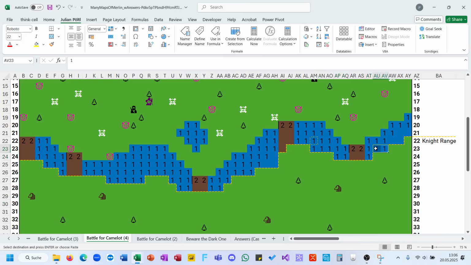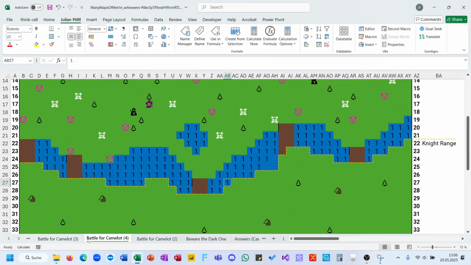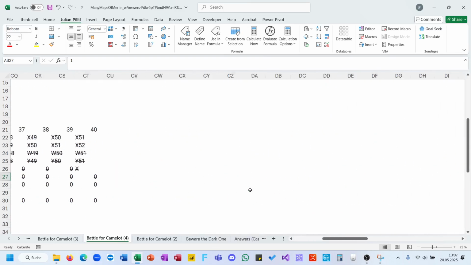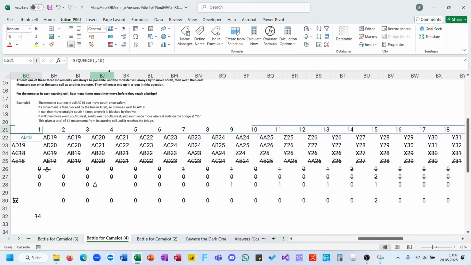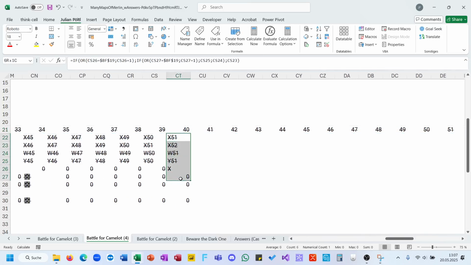So okay, get rid of the bridge tools. But I can still not move over water if I'm not wrong. Okay, I think I need to make here something like 80 and drag this longer.